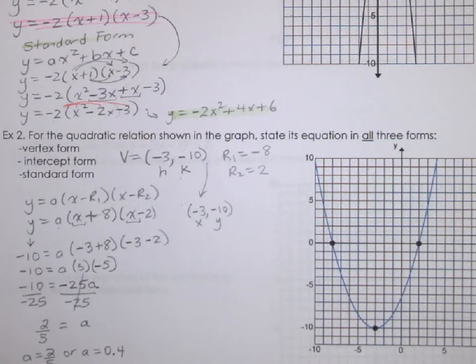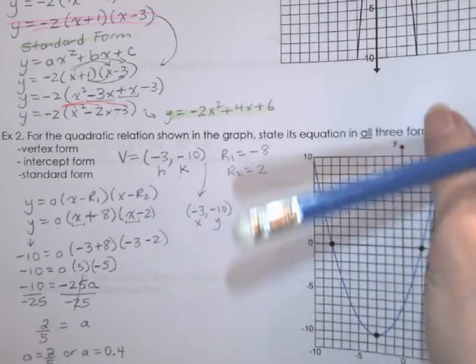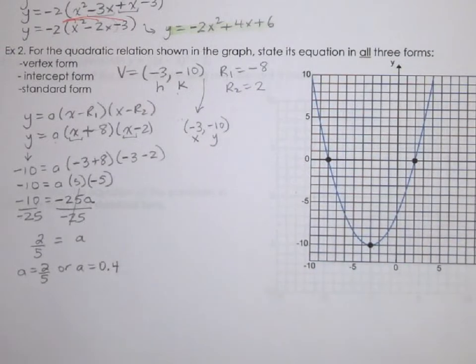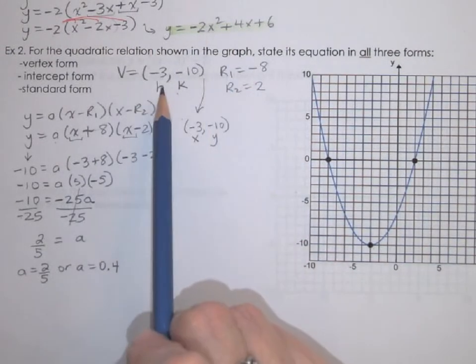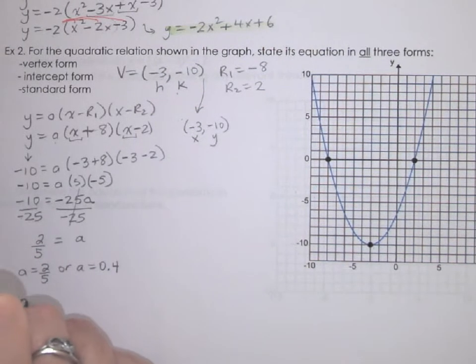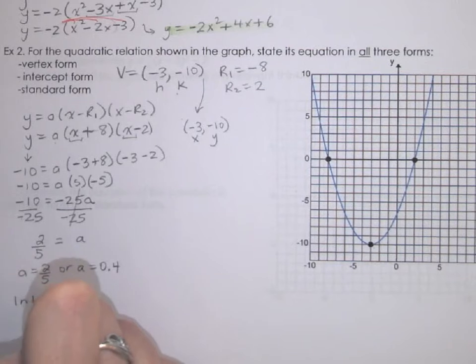So now that you've calculated the a value, you actually have all the same things that you had in the first question. We know the vertex h and k, both x-intercepts, and now we know the a value as well. So we can write out our three forms. I'm going to start with intercept form since we have it almost done anyways.